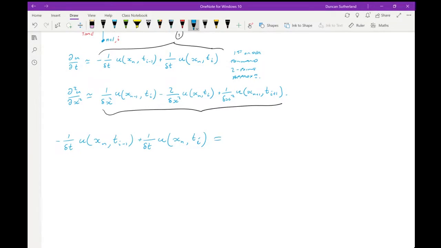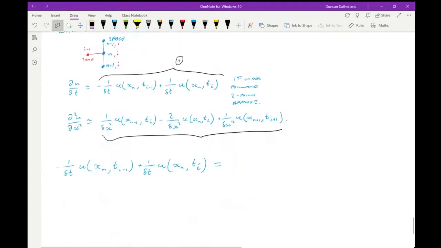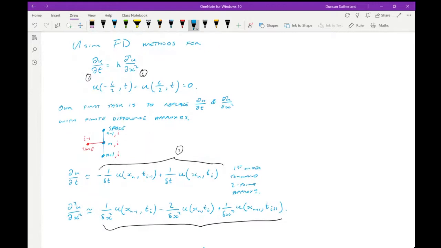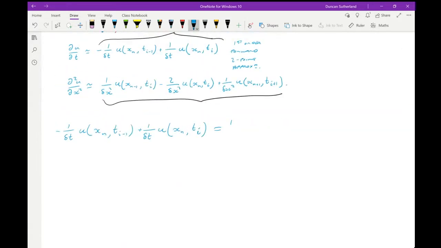We'll just maintain the equal sign. I mean, these are approximations, but we'll just maintain the equals. We've got a k there as well now, so we've got to take care of that.